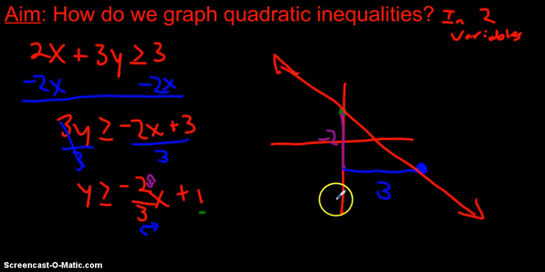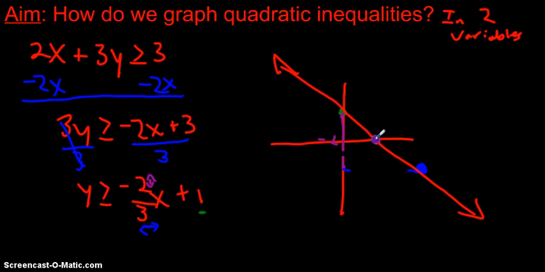Let me erase all this excess stuff we don't need. It's just here for reminders. You can use it to help you or not. Alright, how do we graph the inequality? Well, if we have y is greater than the line, we shade above. To figure out which side of the line is above the line, you pick any point on the line and move up.